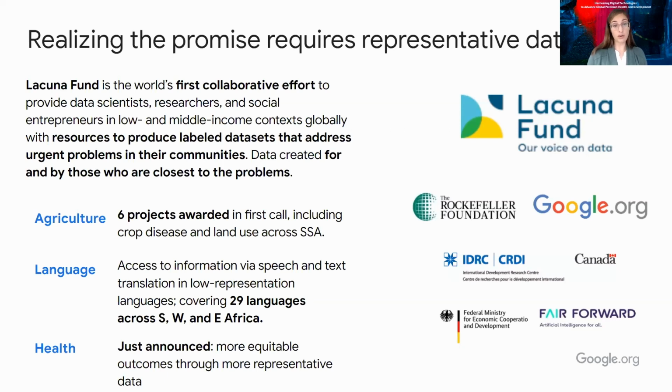There's 3 areas that work has started: agriculture, so thinking about things like crop disease or soil moisture, not the data that we're using here in the US where I'm standing, but importantly represented across sub-Saharan Africa.